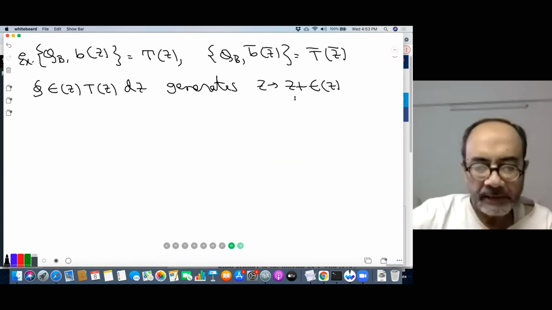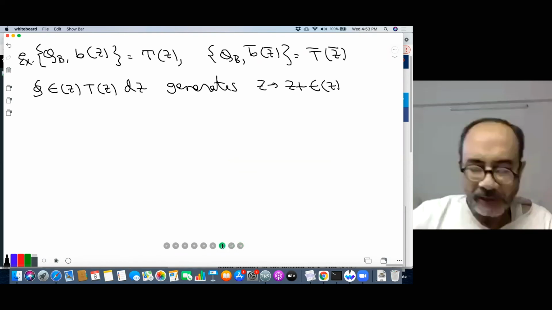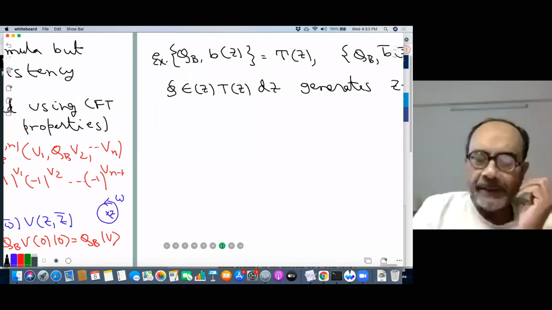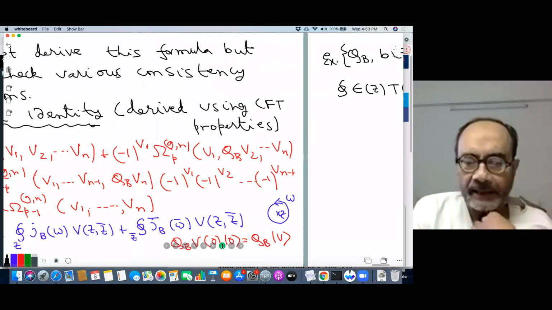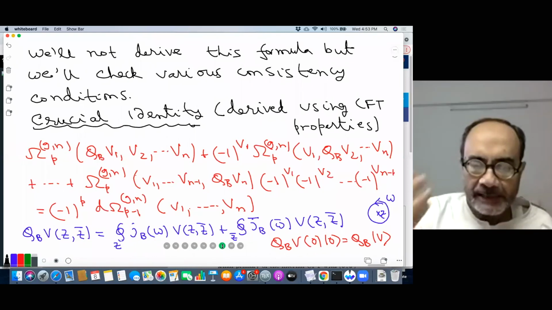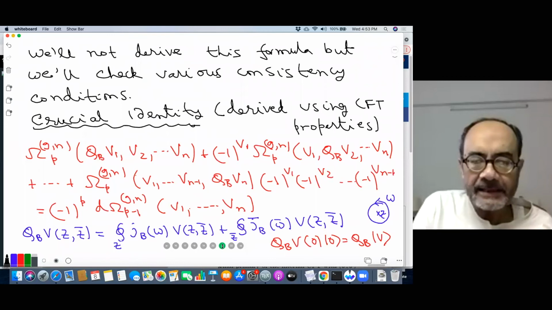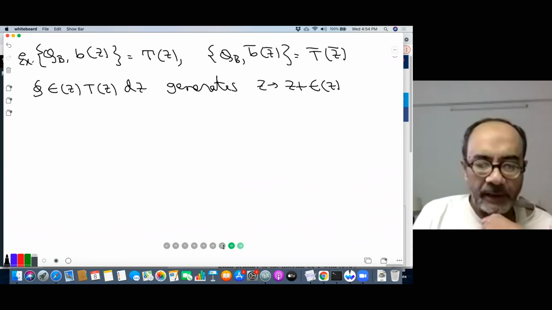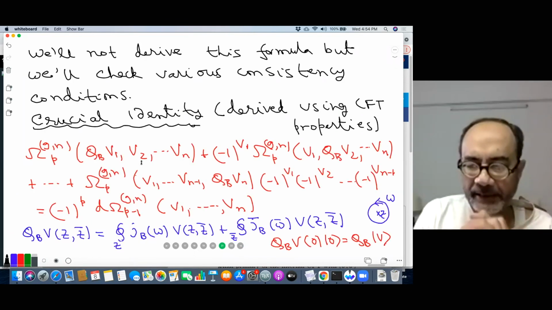These transformations essentially move you in the moduli space. That's why you see on the right hand side there is d, the d in PGN. That means it's moving either in the moduli space or changing the local coordinates, and it's doing this by using the fact that this generates a change in coordinate system. Anyway, this is just a sketch, but all I want to emphasize is that this identity one can derive very explicitly just using CFT properties, using various identities in CFT.